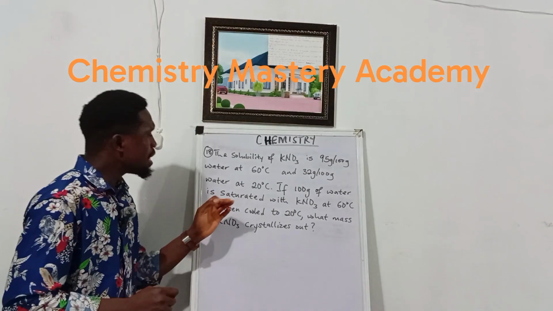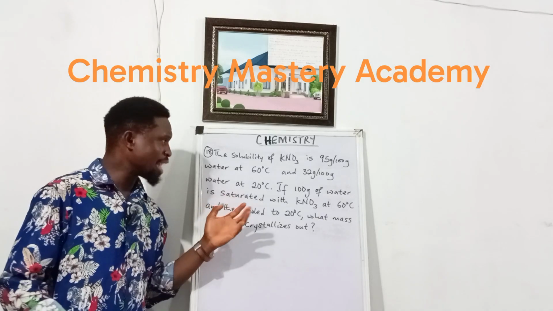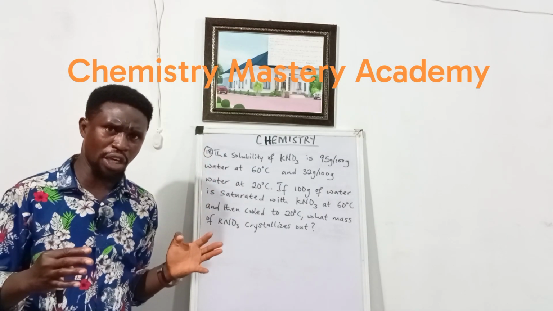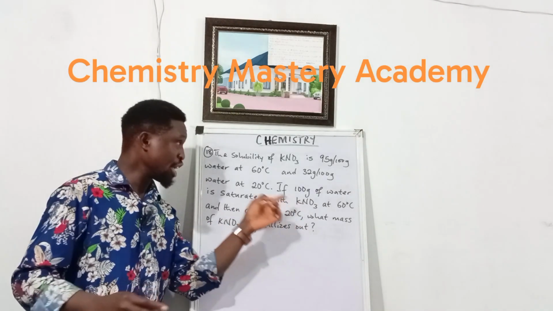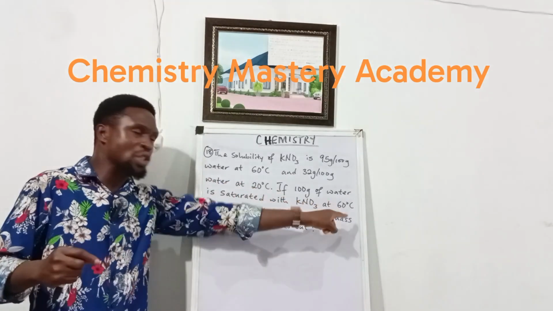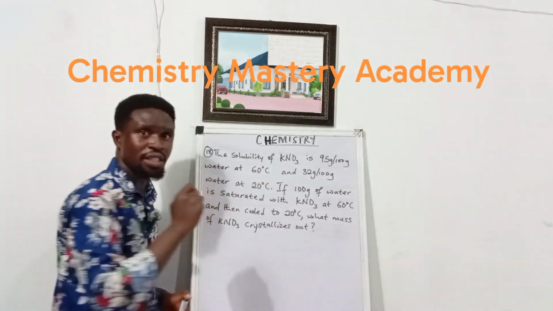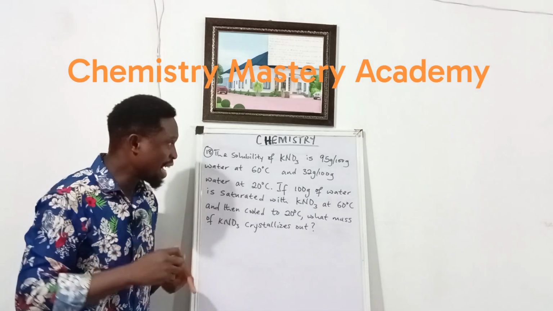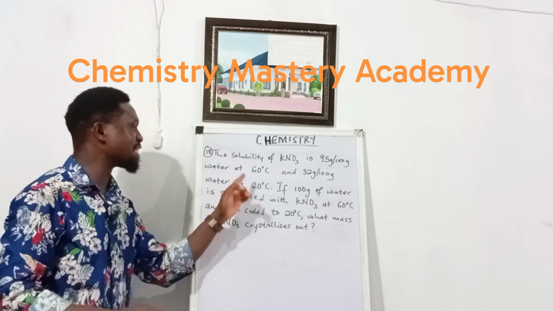Now if 100 gram of water is saturated, that means 100 gram of water has more than enough potassium nitrate at 60 degrees Celsius, more than this 95 gram that can be dissolved, and then we cool it down to 20 degrees Celsius.